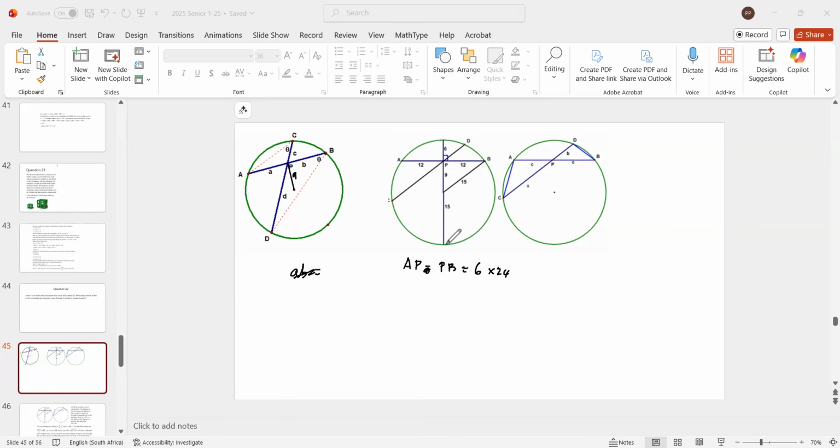If you take the chord which is perpendicular to AB at P, this is 144, but AP and PB are equal if this is perpendicular. So therefore, both of them are 12. So earlier on we calculated 12 by using Pythagoras.